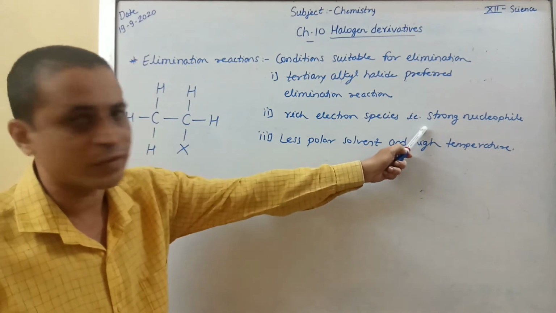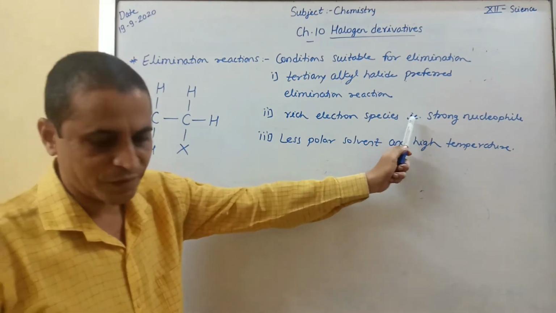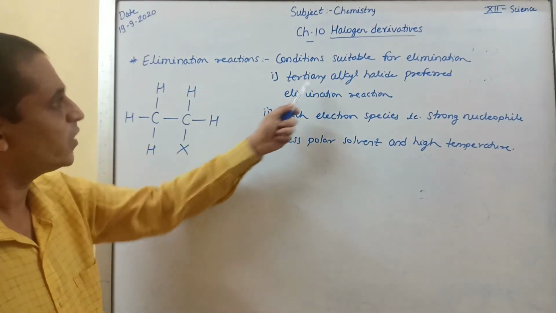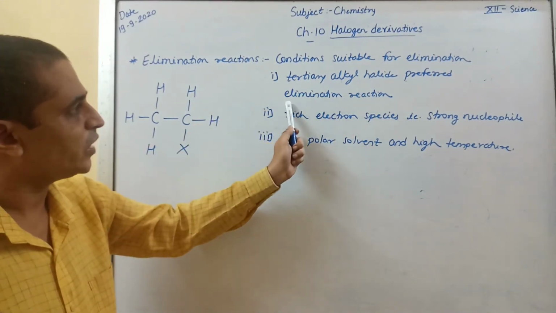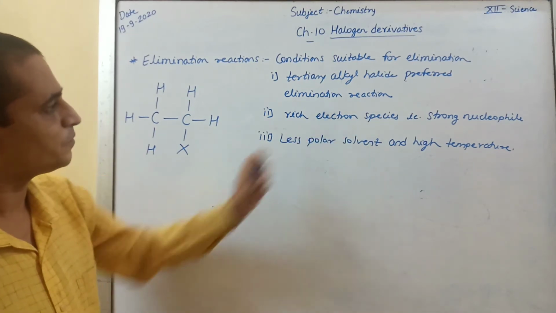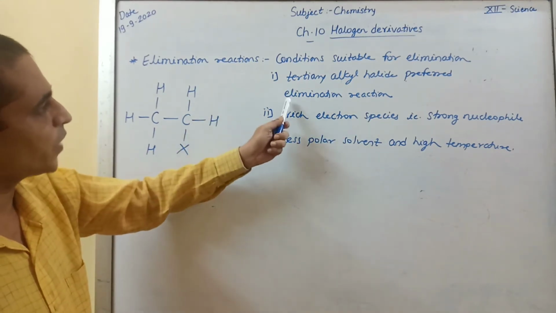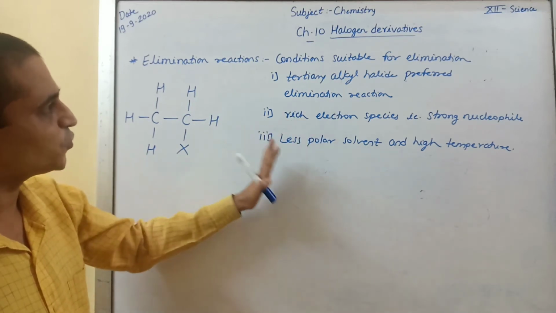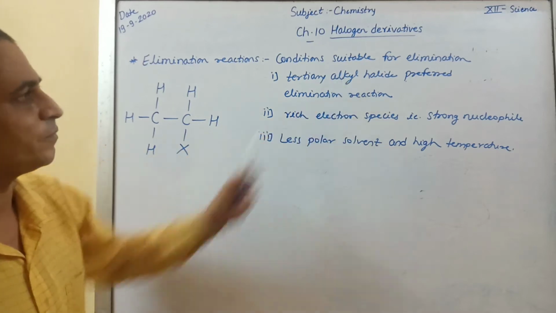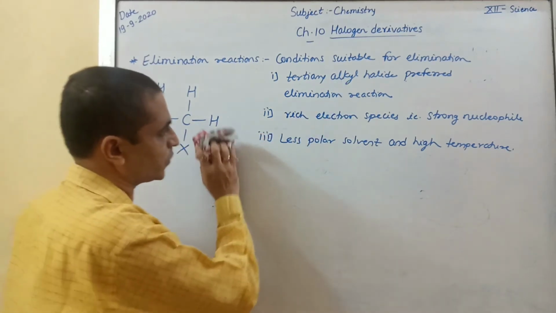See, nucleophiles have the tendency to donate electrons. Now these are the conditions suitable for elimination. So you know that tertiary alkyl halide prefers elimination reaction, but primary alkyl halide undergoes what? Substitution reaction. Here tertiary alkyl halide is most preferred for elimination.